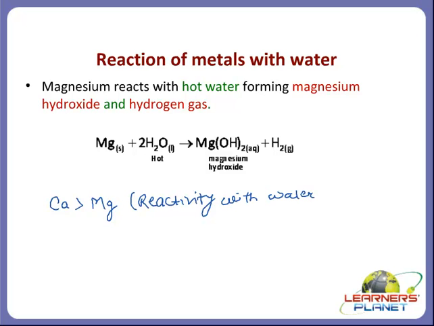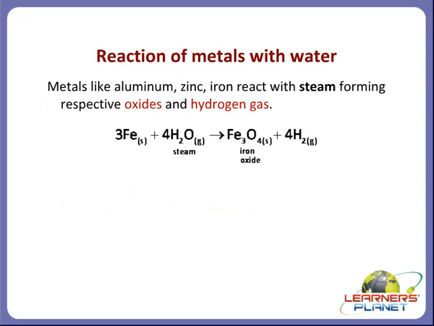Now let's take a few more metals in the reaction of metals with water. The metals like aluminium, zinc, iron all react with steam. And what do they form, children? They form their oxides and hydrogen gas. The rest of the metals, sodium, potassium, calcium, magnesium, were forming respective hydroxides and hydrogen, right?